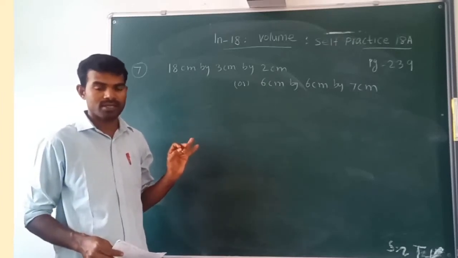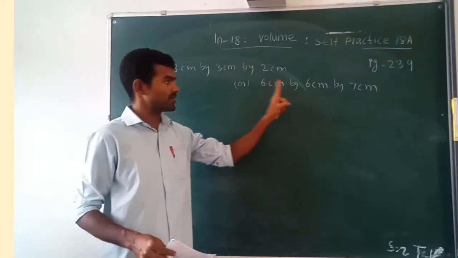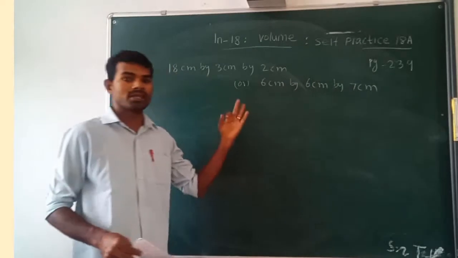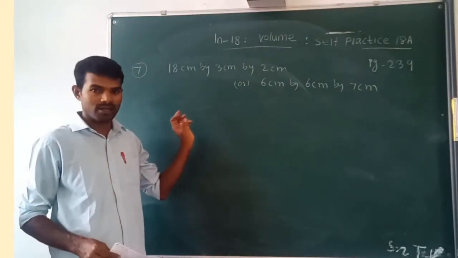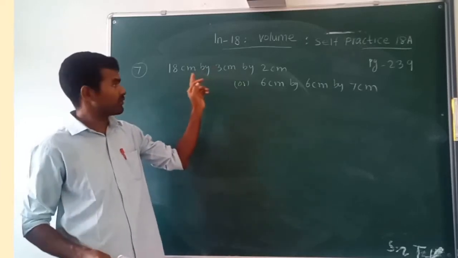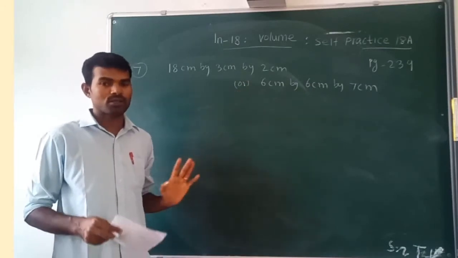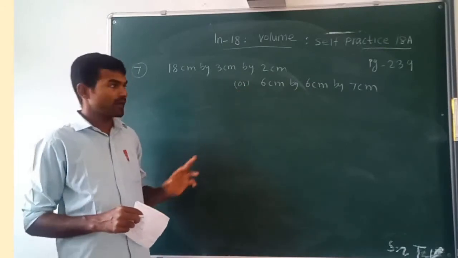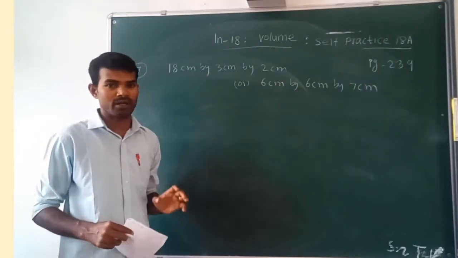Cuboid we already saw. It will have different measurements. So now we have to find out the volume of this and the volume of that. Two volumes we have to find out.